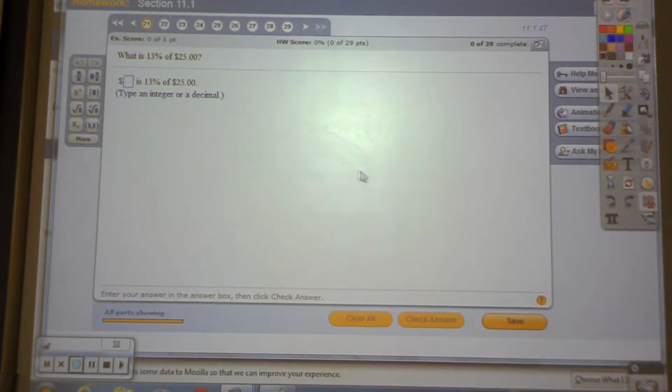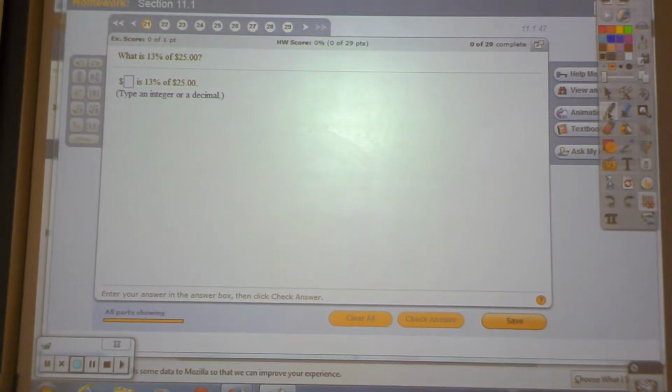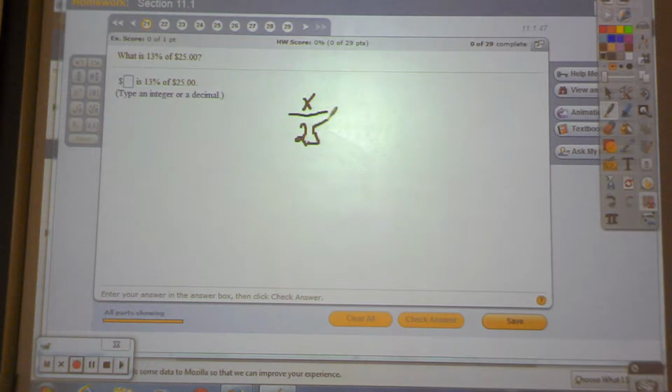So, what's my is? Well, what is? That means x over what? 25. X over 25 is equal to 13 over 100. It's hard to write with a mouse, y'all.